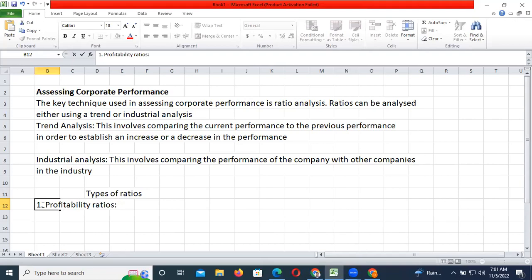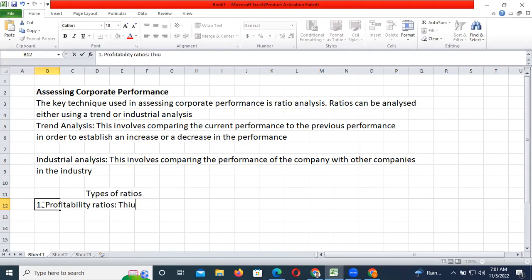Profitability ratios measure whether the company is generating enough profit. That's the interest you want to find out. Is the company generating enough profit from operation or not? Then you are going to compute the profitability ratios.